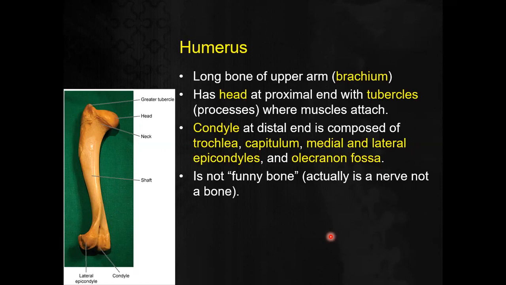We have a hole right here, which is a fossa. Check this magic out. Bam. It fits perfectly right in there. And that's why it's called the olecranon fossa, because it's where this piece is going to fit in.